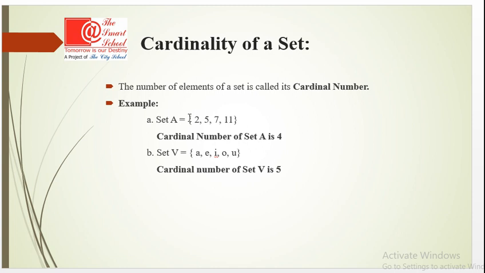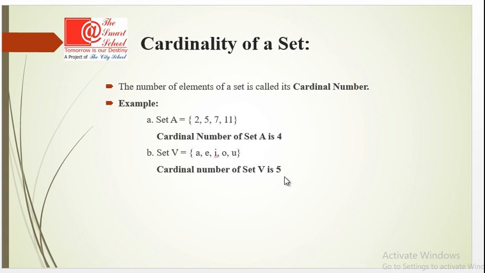These are 4 elements. So the cardinal number of set A is 4. Another example, set V has members A, E, I, O, U. So 1, 2, 3, 4 and 5. So the cardinality of set V is 5, or the cardinal number of set V is 5.